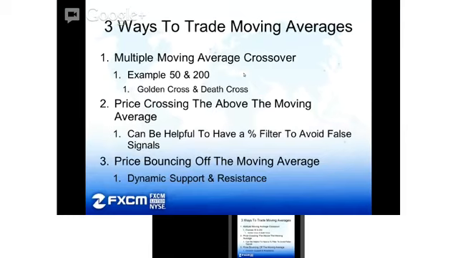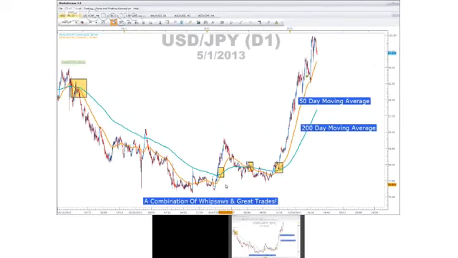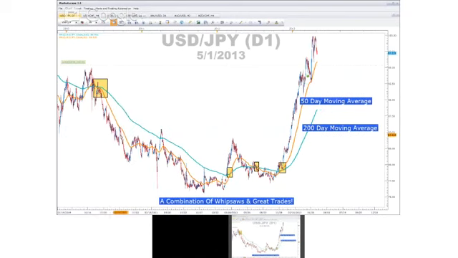Next way, you'll see number 2, price crossing above the moving average. That can be helpful to have a percentage filter. I'm going to go back to the chart. Here, if somebody didn't want to use multiple moving averages, they could have essentially just had a filter. And I'm going to show you exactly how you can do that.